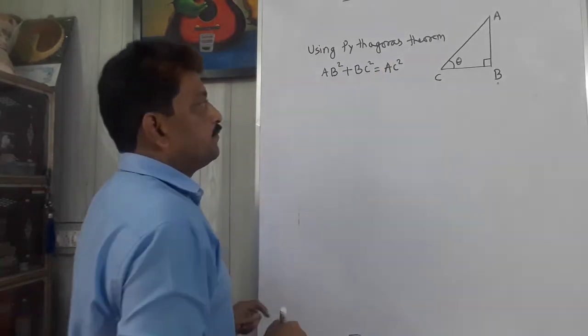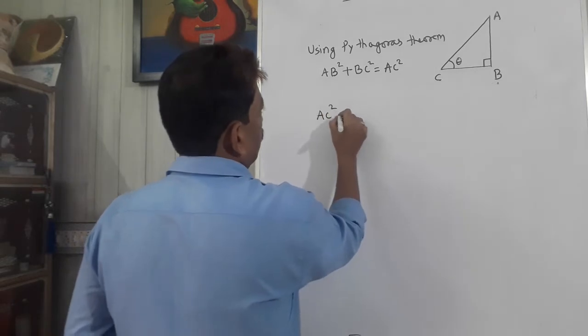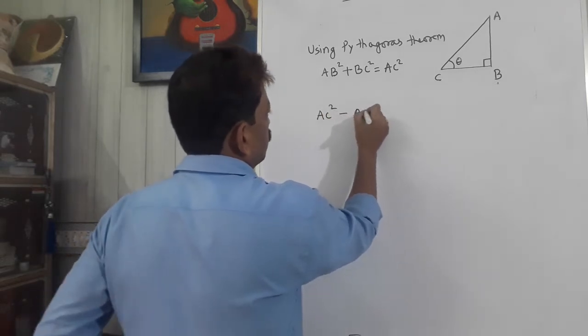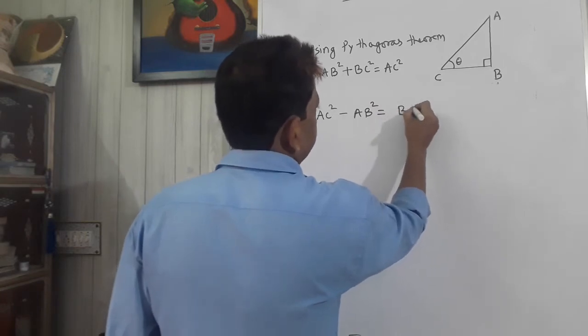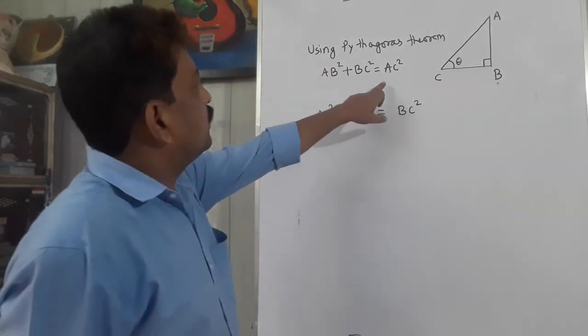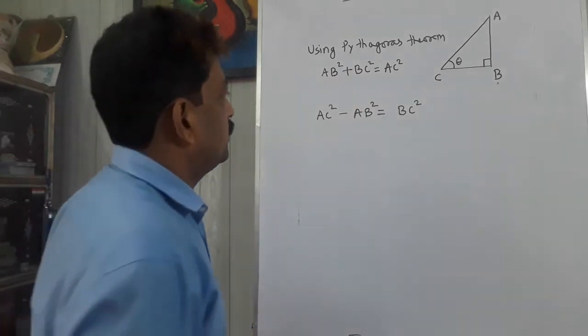The second one, so here we can write AC square minus AB square equals BC square. AC square minus AB square equals BC square from Pythagoras theorem only.